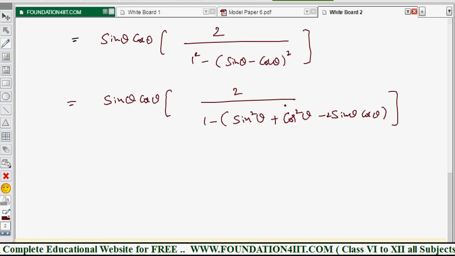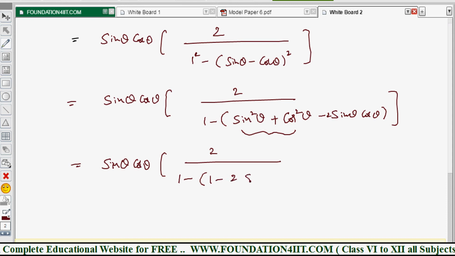We know sin square plus cos square is 1, this value is 1, and finally sin theta into cos theta, here 2 by 1 minus 2 sin theta cos theta.